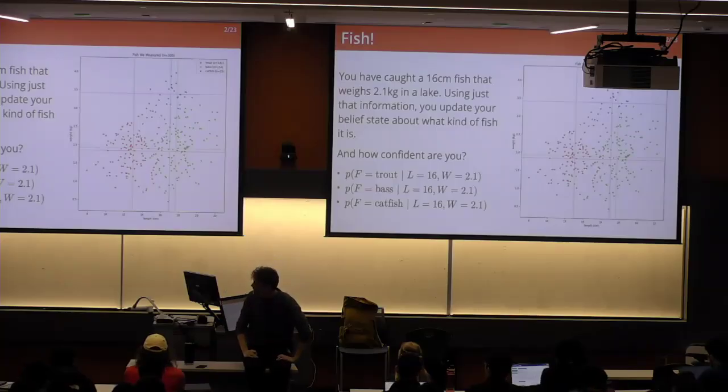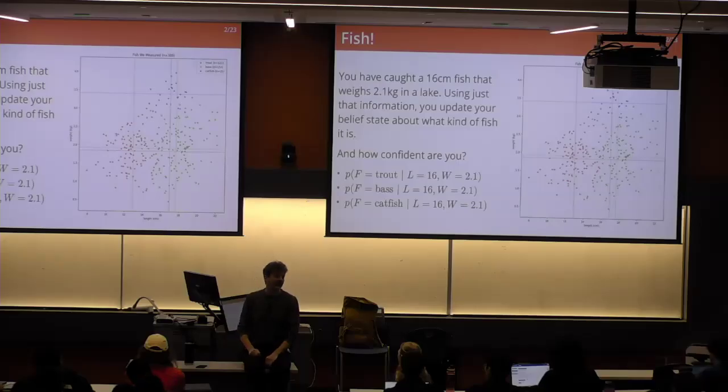Okay? So now you pull a fish out of the lake, and it is 16 centimeters long, and it weighs 2.1 kilograms. Based on just that, what do you believe about the breed of your fish? You're going to try and figure out the probability that it's a trout, given that the length and the width are what's given, or it's a bass, given that, or it's a catfish, given that.